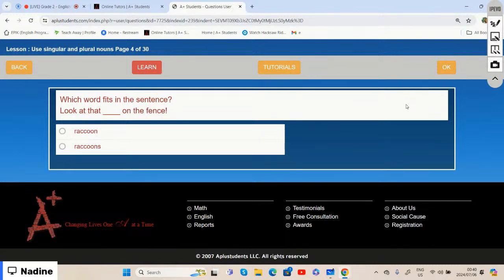Look at that raccoon on the fence, or do we say look at that raccoons on the fence? Look at the word that. Do we put that in front of one thing or more than one thing?